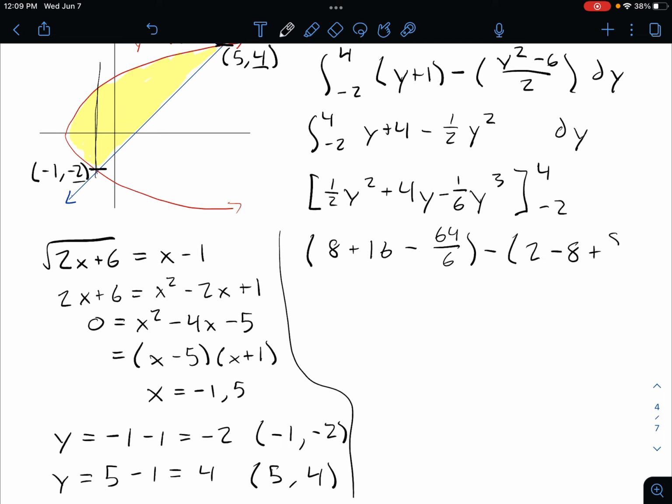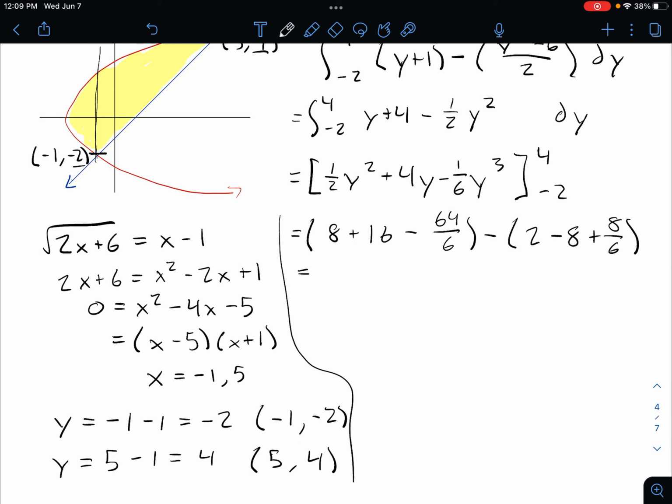So positive 8 divided by 6. And now we'll go ahead, distribute the minus, combine some like terms, and let's see what we get. 8 plus 16 is 24, minus 2, 22, and then plus 8, so 30.